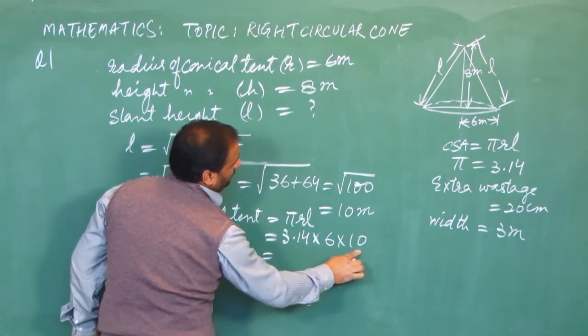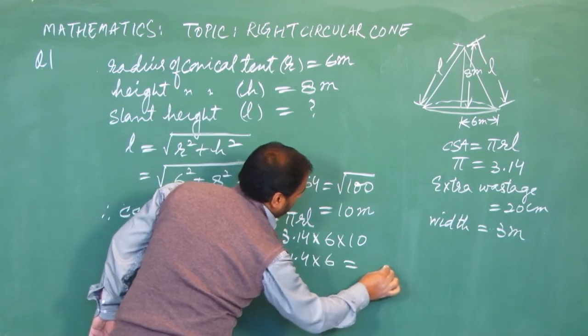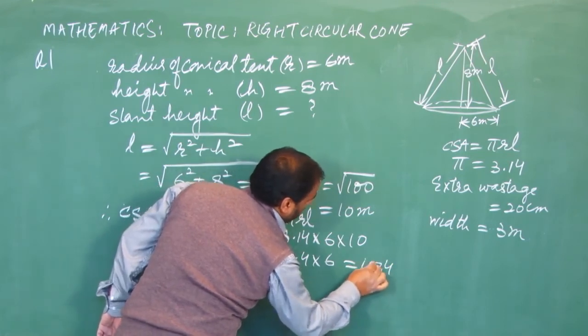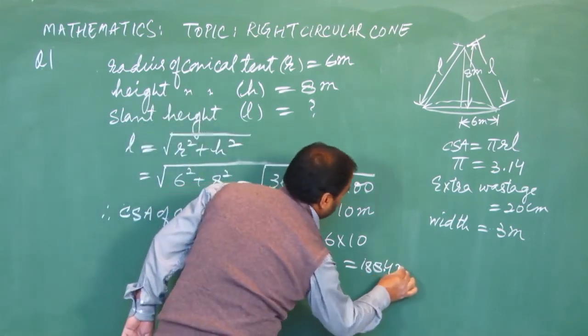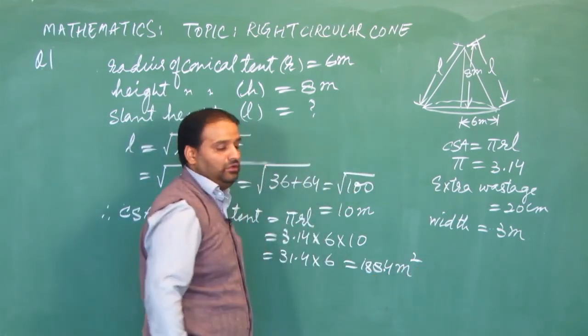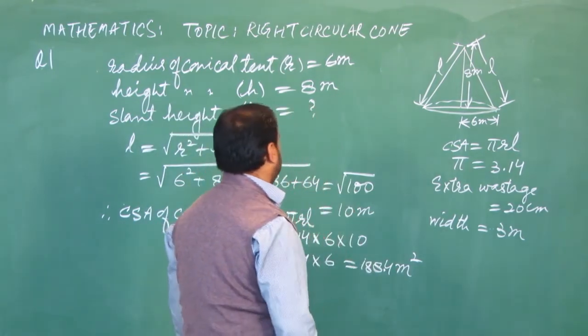Now 3.14 into 10 is 31.4, into 6 it is 188.4 meters square. This is the amount of tarpaulin which is used for making that tent.